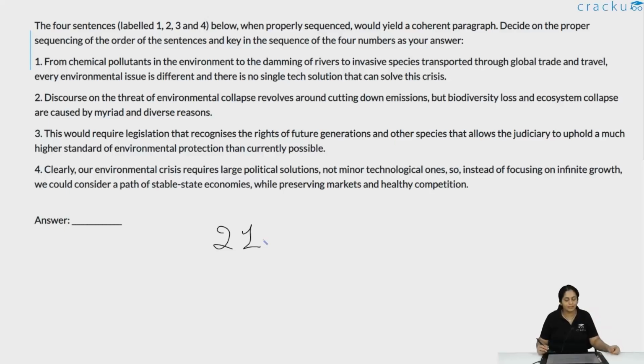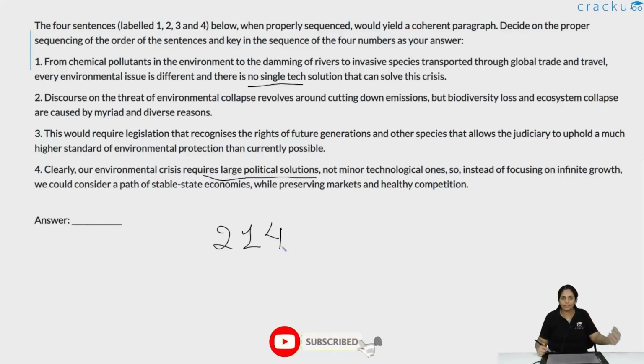So 2, 1 necessarily form a pair. 1 also says that no tech solution can solve this, and clearly we need large political solutions. So the next sentence should be 4. 4 says that we need large political solutions and not technological solutions, so that instead of focusing on infinite growth, we should consider a path for stable state economies while preserving markets and healthy competition.